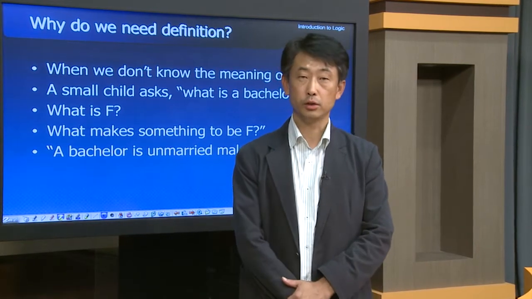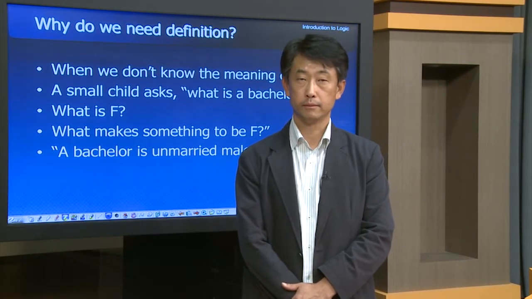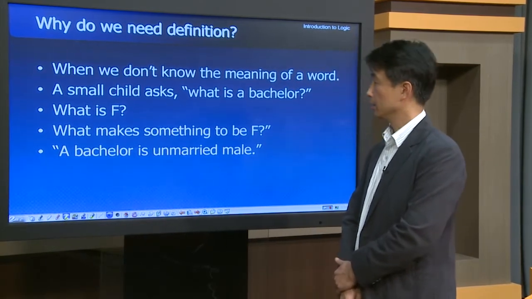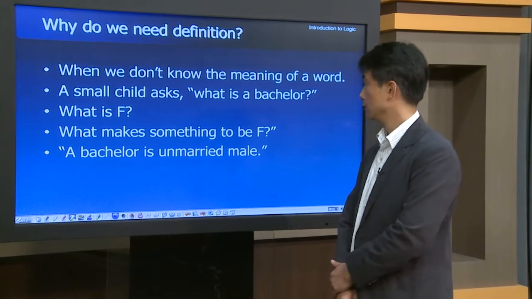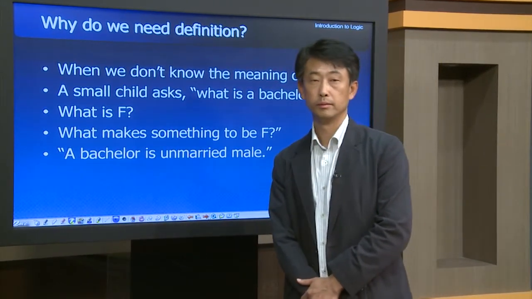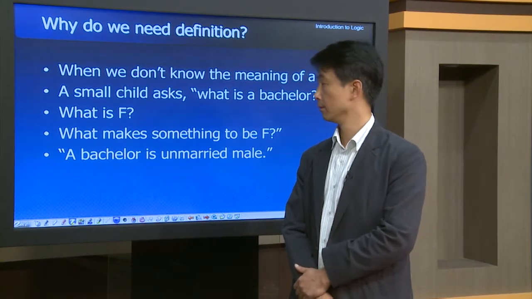We need a definition when we don't know the meaning of a word. So a small child may ask, what is a bachelor? A small child doesn't know what the word bachelor means.